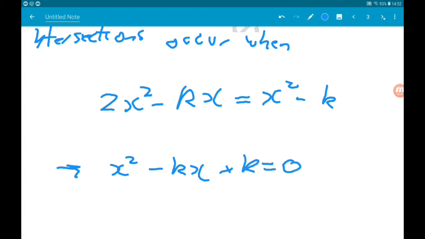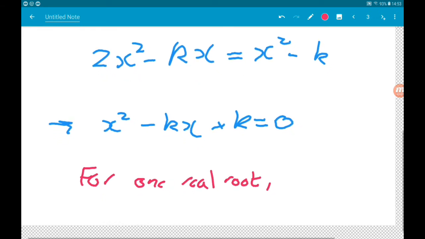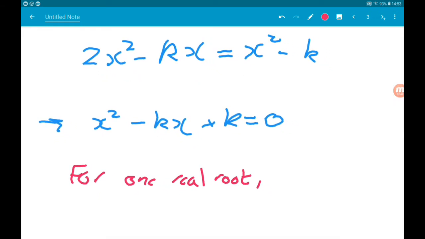Okay, now then, this is a quadratic, so when we're thinking about there being solutions, we now need to think about the discriminant. So, for one real root, so for one point of intersection, we know that b squared minus 4ac is equal to 0.